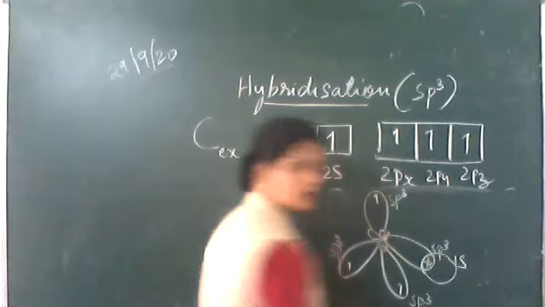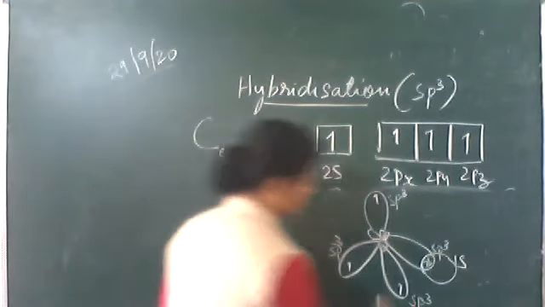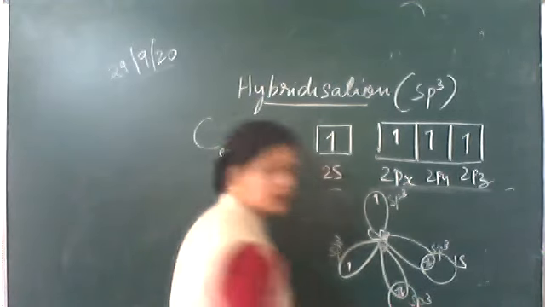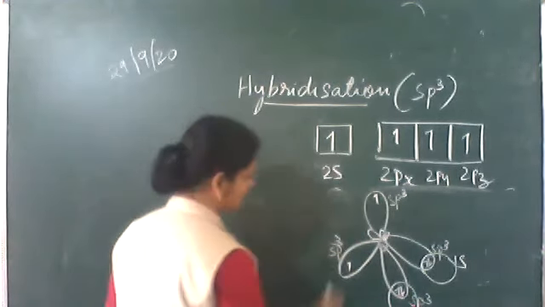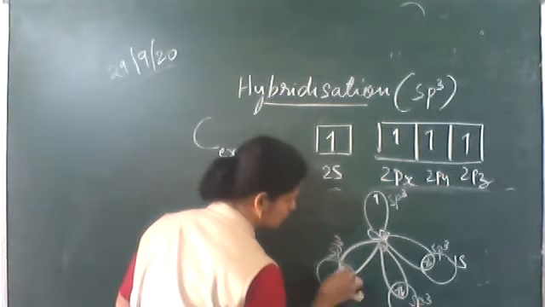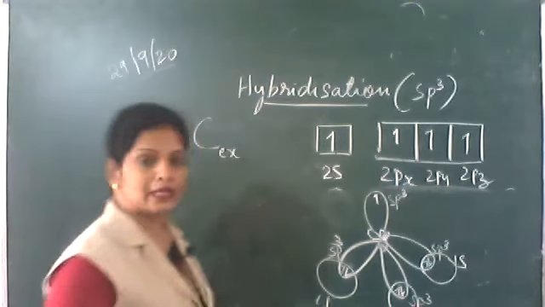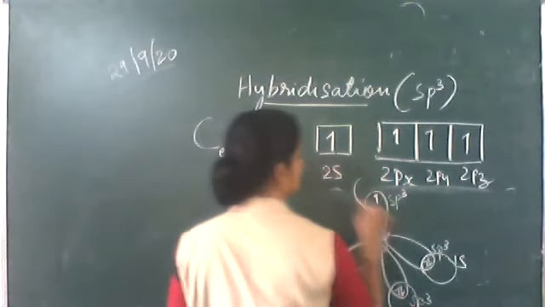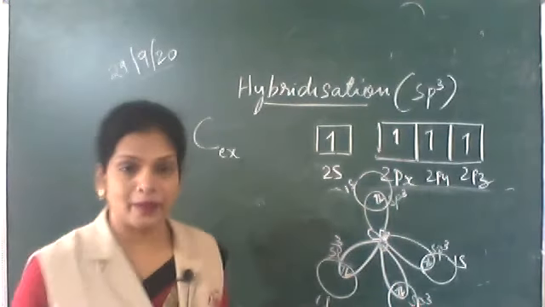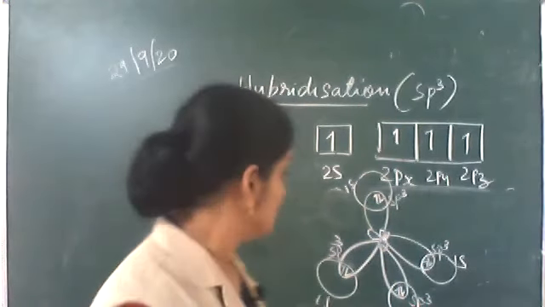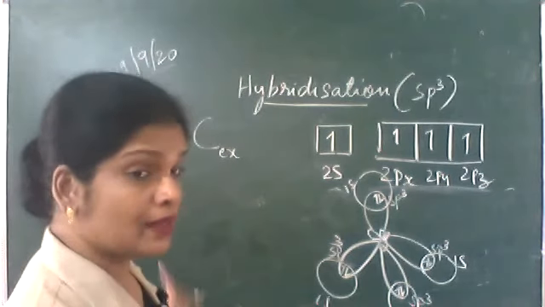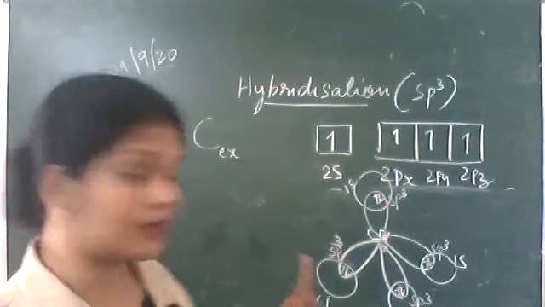Similarly, here also, this is a 1s orbital, 2 electrons, and here also 1s orbital, 2 electrons. Here again 1s orbital, 2 electrons. So we have explained the tetravalency of carbon. Around carbon there are 4 bonds.